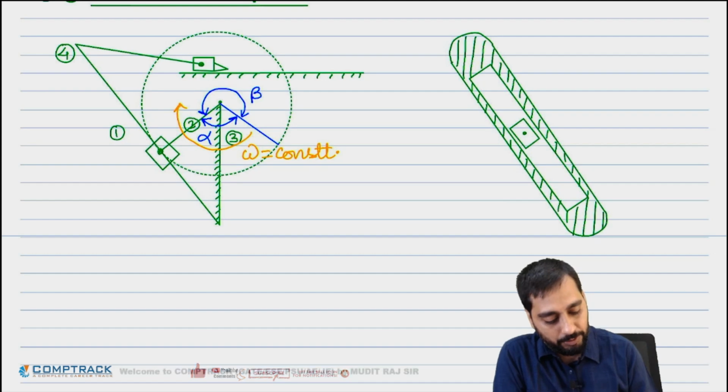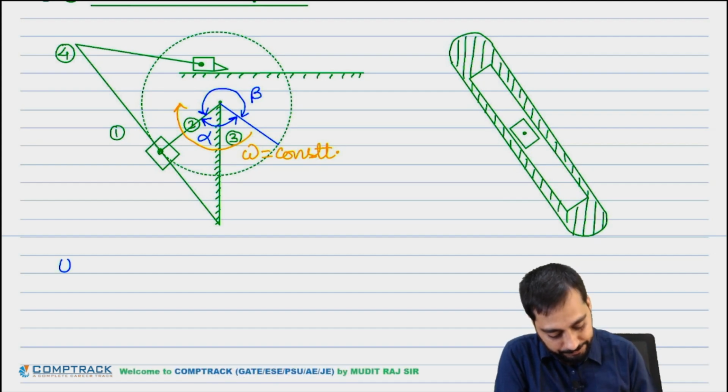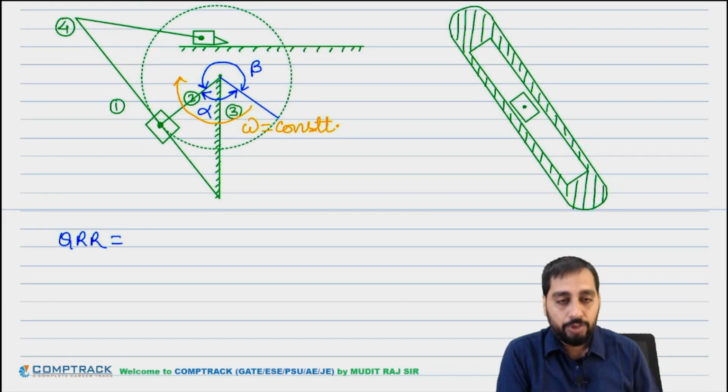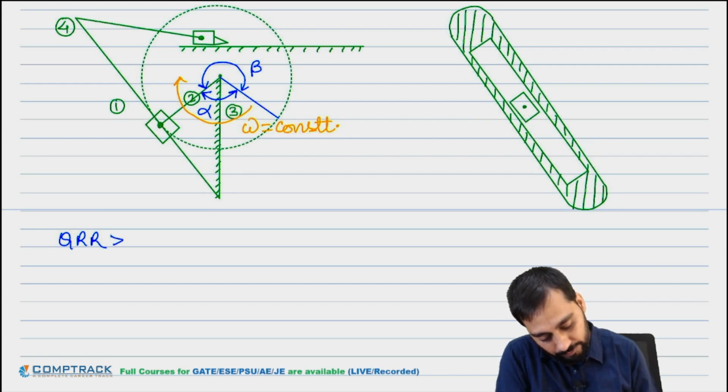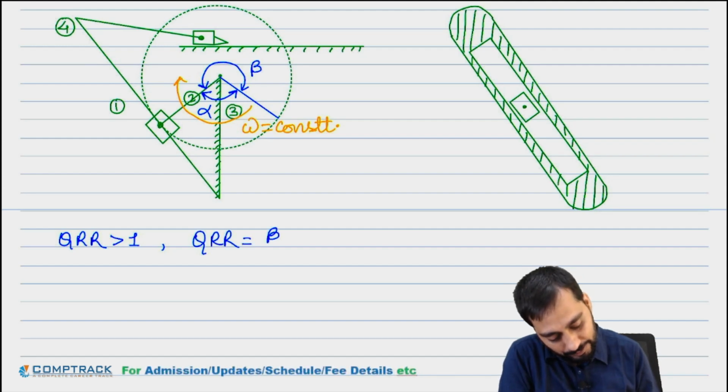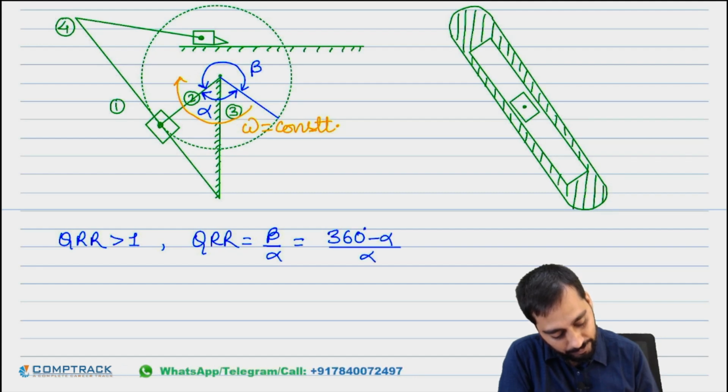So here, what will be the quick return ratio once again? If the quick return ratio given in the problem is more than 1, then you will write beta by alpha. Beta will be nothing but 360 minus alpha, divided by alpha.